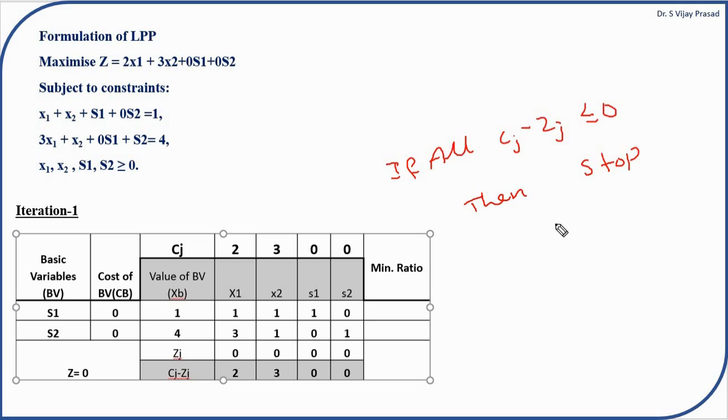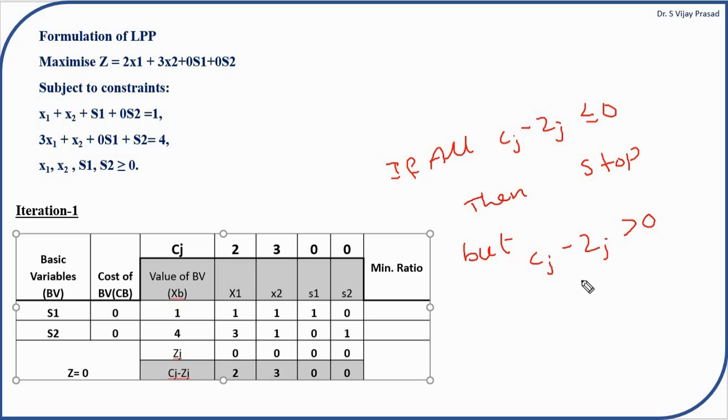Then you can stop the problem here itself. But if any one of the CJ minus ZJ values is greater than 0, we have to continue the problem to the next iteration.